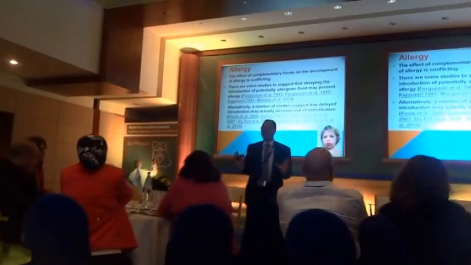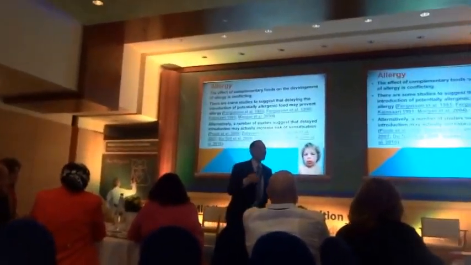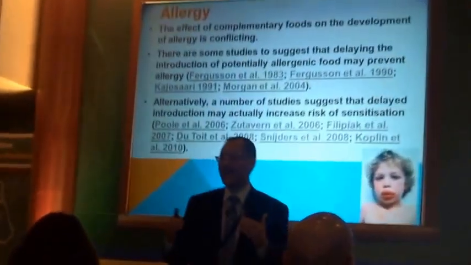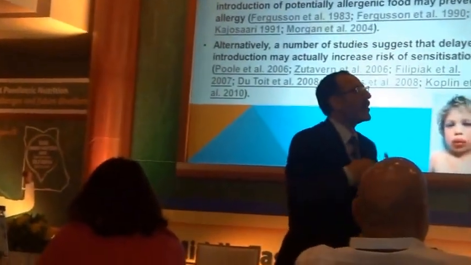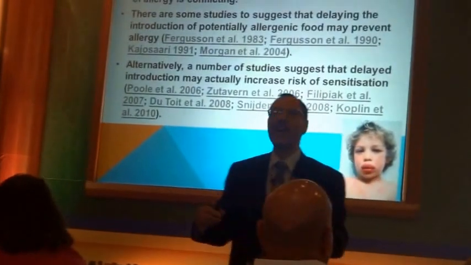Avoid blender use because of many side effects of this blender. We are not going to pass by it. Allergy. Allergy is there, but the most recent literature in this area is that delaying solid foods beyond the age of 1 year did not change the risk of occurrence of allergy at all.